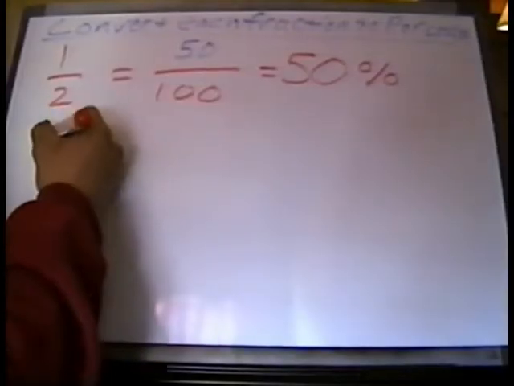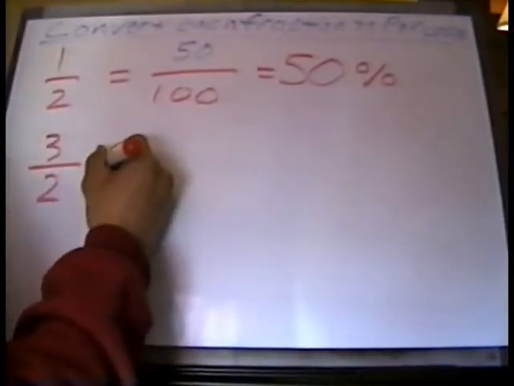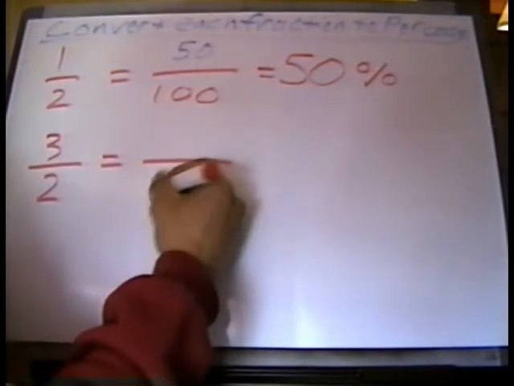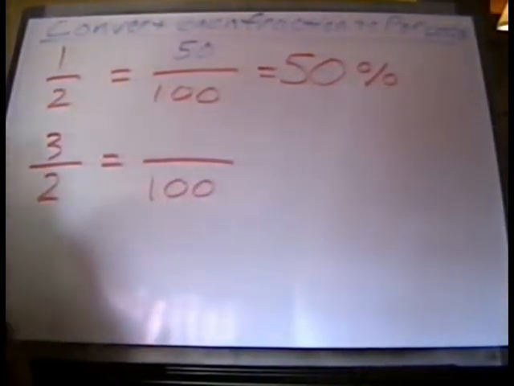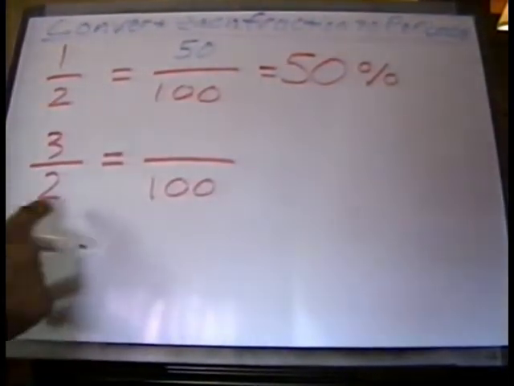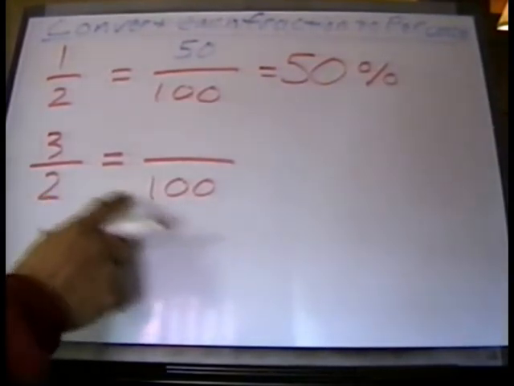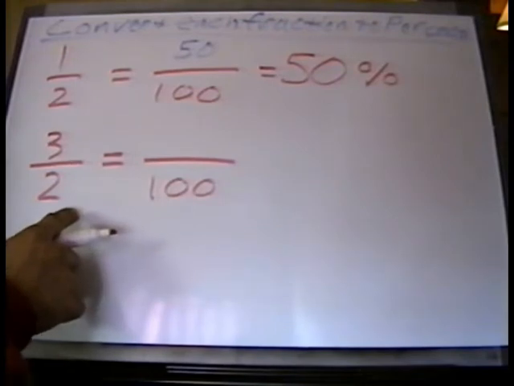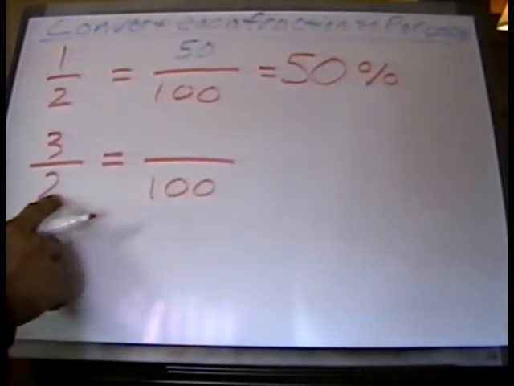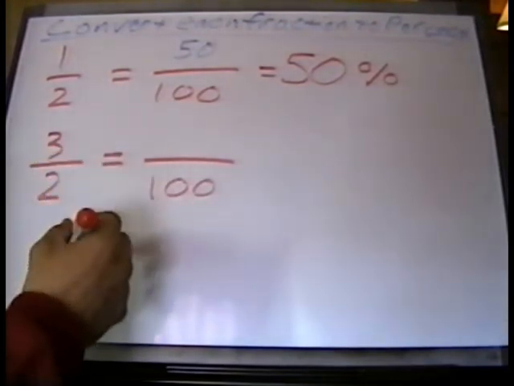Except we have 3 halves. I'll say, what number did I multiply 2 by to get 100? In order to get 100, I have to multiply 2 by 50.